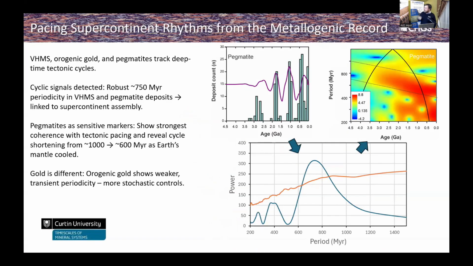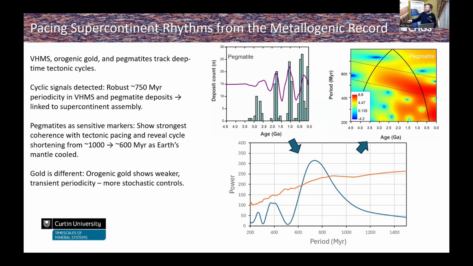So if we do this, let's just take pegmatites, for example. Let's start here in this diagram. Here are the ages of pegmatites on this histogram. This is time in billions of years, and we can see they repeat in frequency. We can convert it using the Fourier transform to its frequency components, so that's how often things are repeating. This is what the blue line is saying.